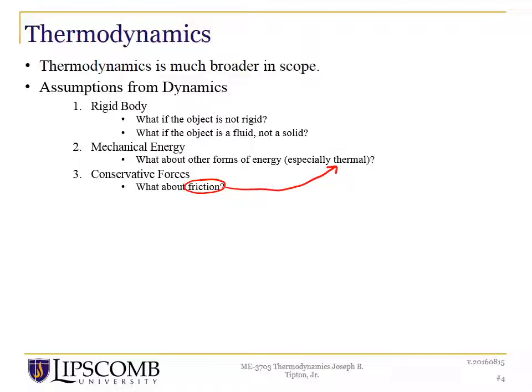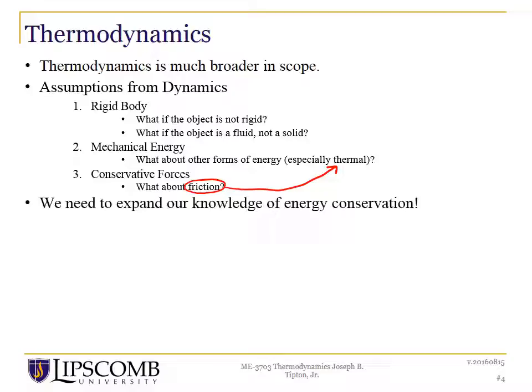So there's another connection to the thermal side of things. And that's whether you have two solids in contact with each other, rubbing against each other, or we looked at projectile motion, for instance, and we always assumed that friction was negligible. Air resistance didn't matter. Well, we need to expand our knowledge of energy conservation, and that's what thermodynamics is going to do for us.